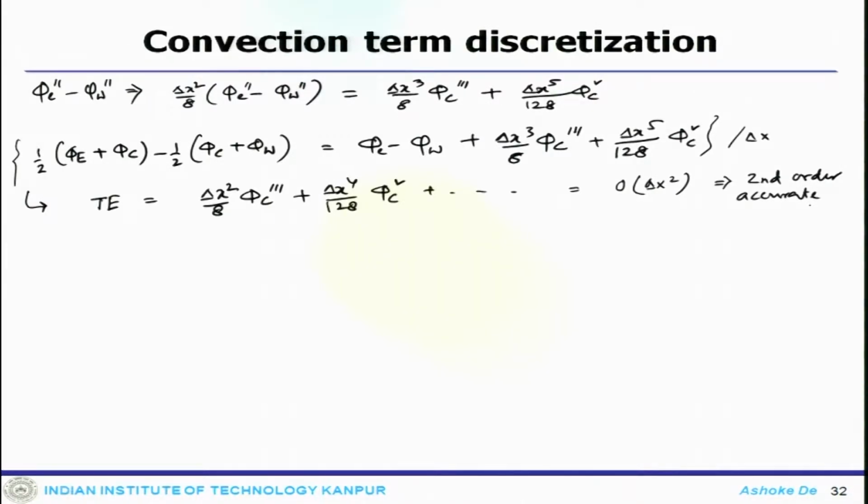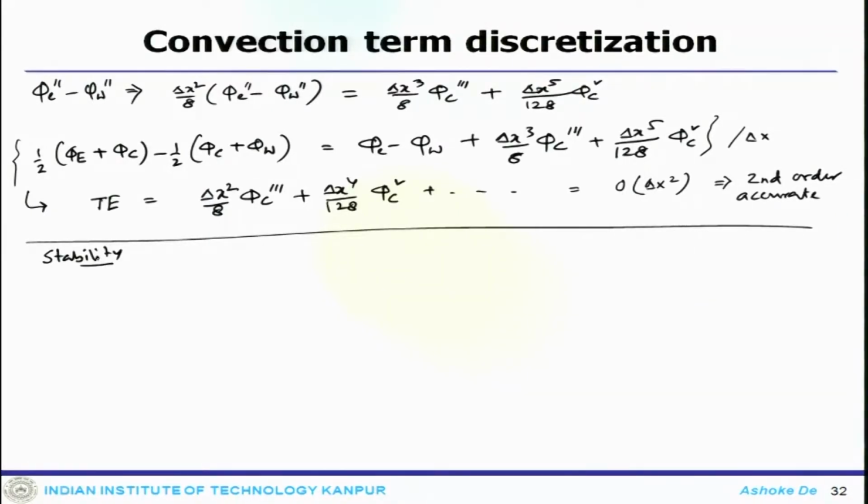Now, this takes care of the accuracy. Now, the other point which comes up is the stability. The confusion related to truncation error, first order for the physical solution and second order for the unphysical one, has led to extrapolating this term so accurately that the diffusion gets reduced.